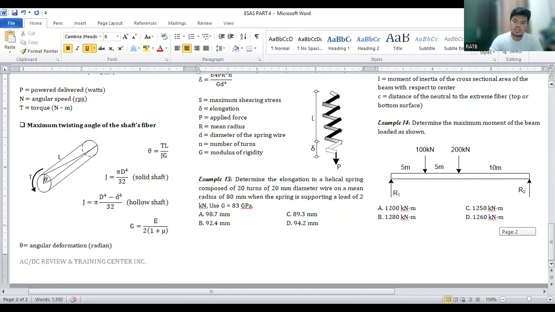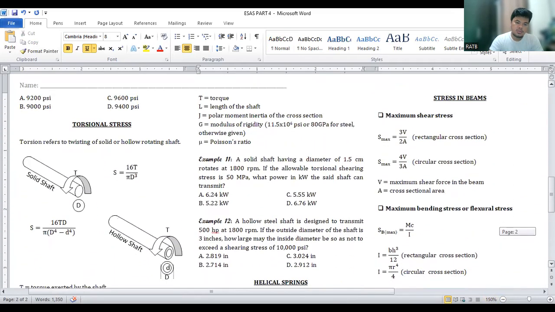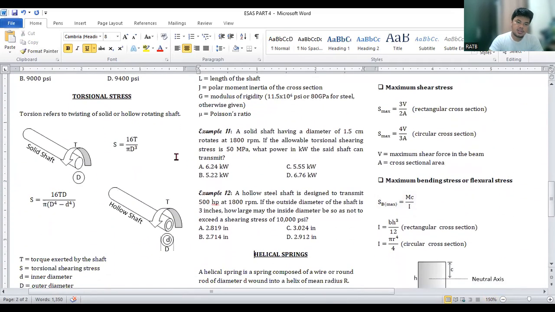Okay, so we have the torsional stress. So this time, this is the stress developed when a body is being twisted.